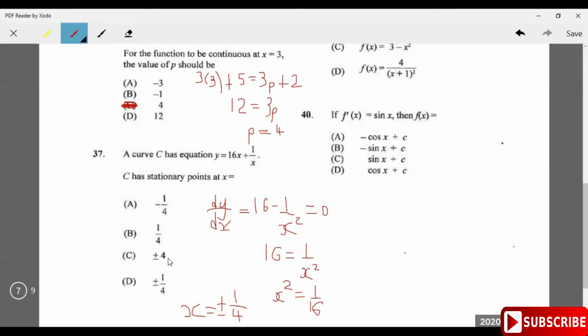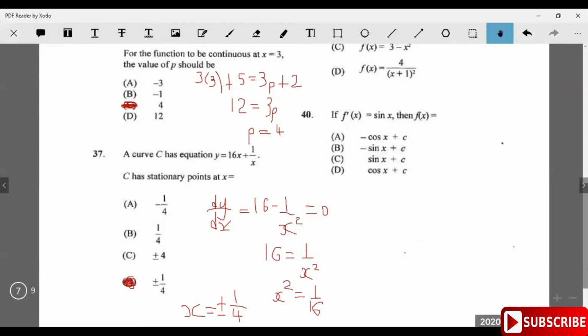So it's plus or minus 1 over 4. So that's the stationary point. Easy question. That's C. No, that's D. Plus or minus 1 over 4.